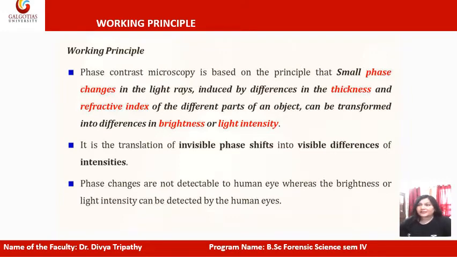The unstained living cells absorb practically no light. Poor light absorption results in extremely small differences in the intensity distribution of the image. This makes the cell barely or not at all visible in the compound microscope or the bright field microscope. When light passes through cells, small phase shifts occur which are invisible to the human eye.